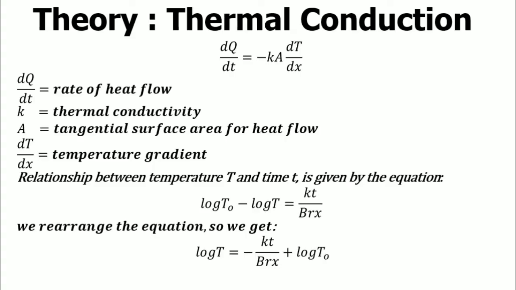The relationship between temperature and time is given by the equation log T0 - log T = Kt/Brx. We rearrange the equation so we get log T = -Kt/Brx + log T0.